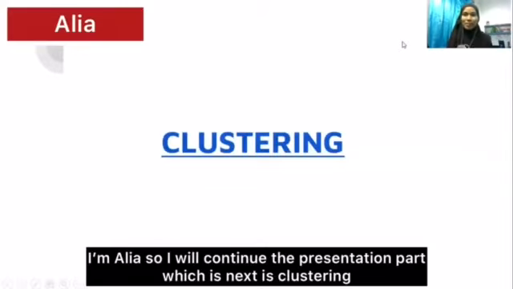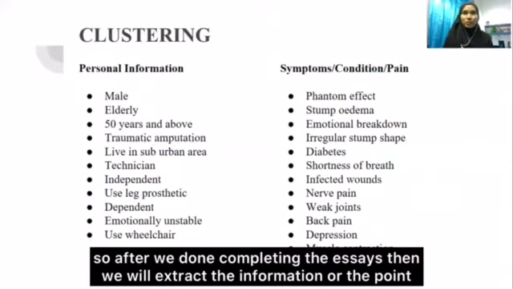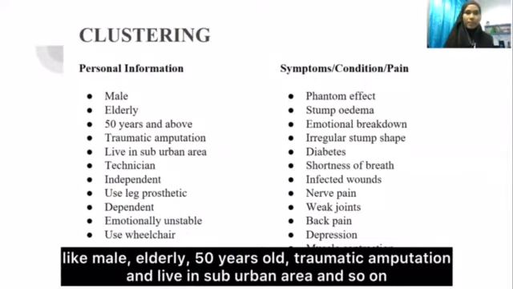I'm Alia, so I will continue the presentation part, which is next is clustering. After we completed the essay, we extract the information or the points from the essay and divide it into 3. First is personal information, like male, elderly, 50 years, traumatic amputation, living in a suburban area, and so on.